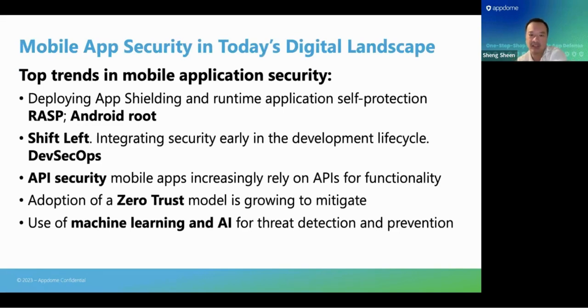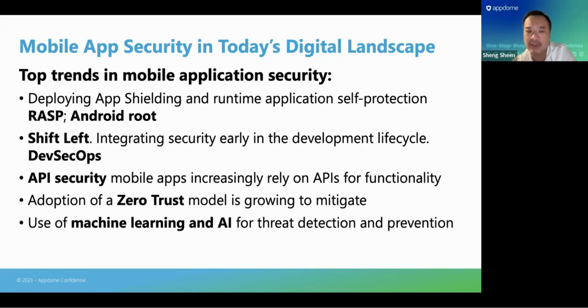Okay, so let's dive in. First, we're seeing a continued challenge of actively protecting applications while they're running. So RASP, runtime application self-protection, has certainly become the norm. This involves detecting and responding to threats in real time, creating a dynamic shield around your applications.